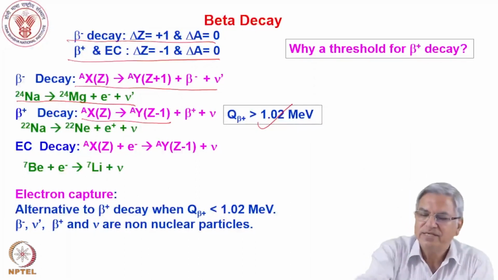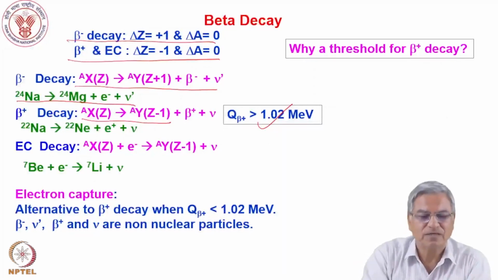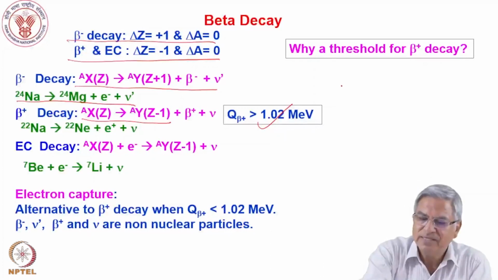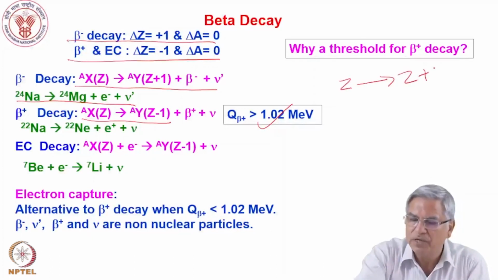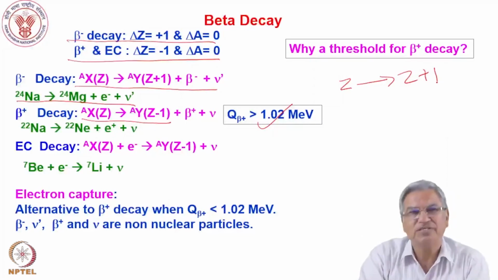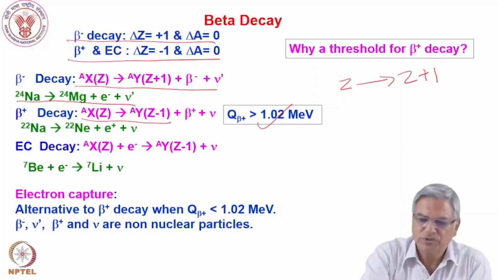So why has this condition come? Why is there a threshold for beta plus decay, and why is there no threshold for beta minus decay? As you can see, when the atomic number increases from Z to Z plus 1 by beta minus decay, there is an extra electron. Take sodium going to magnesium.